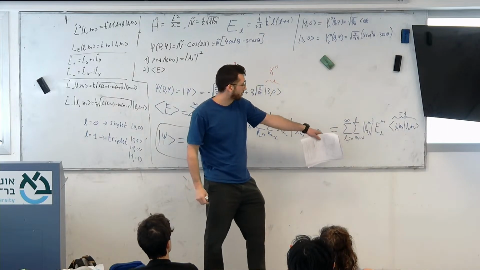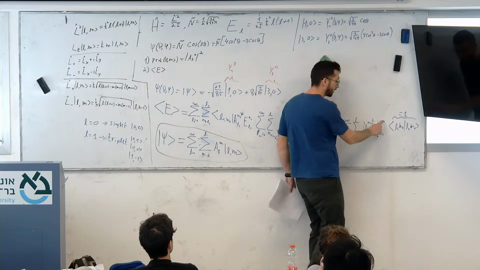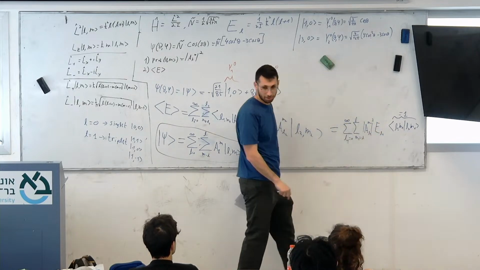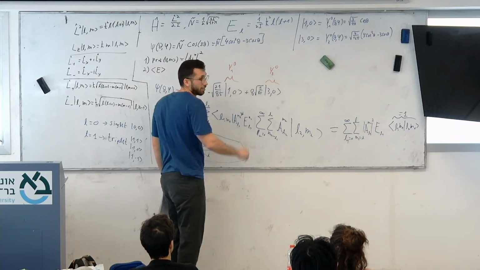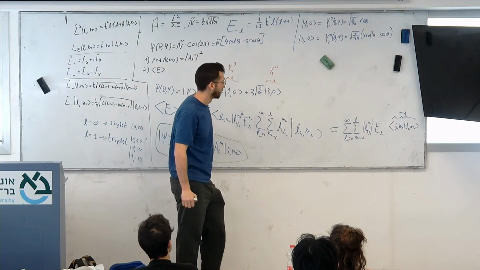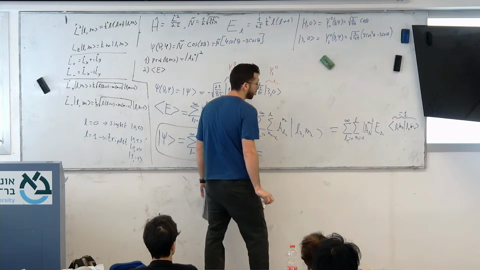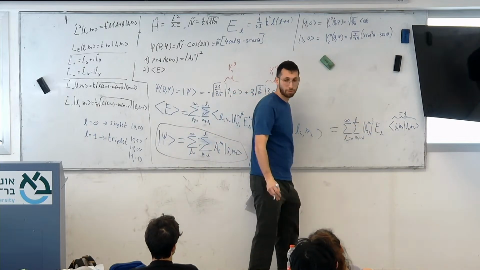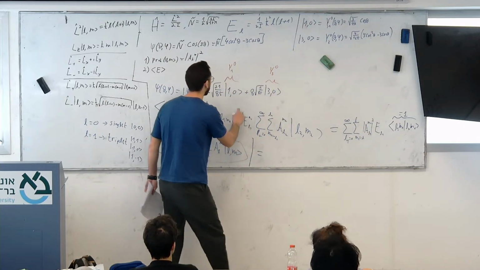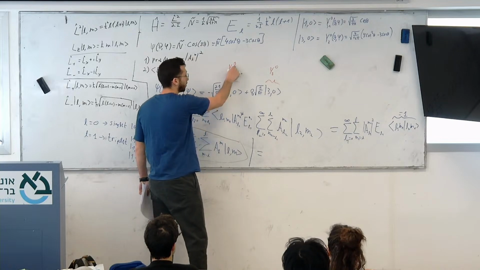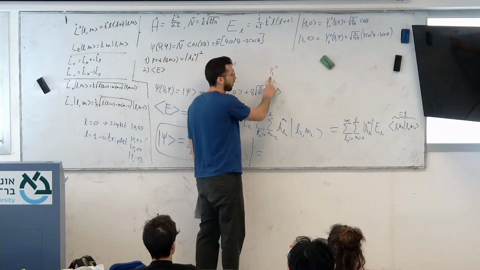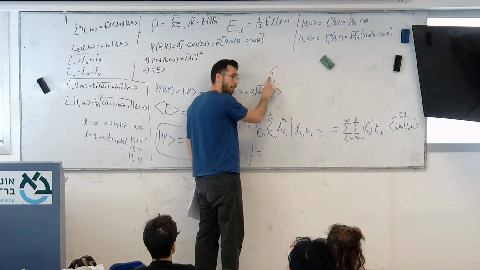Here we know that E depends only on L. We know it from here. So this is all equal to, and we know that A_{L1 M1} is 0 for anything but L equals 1, M equals 0, and L equals 3, M equals 0.